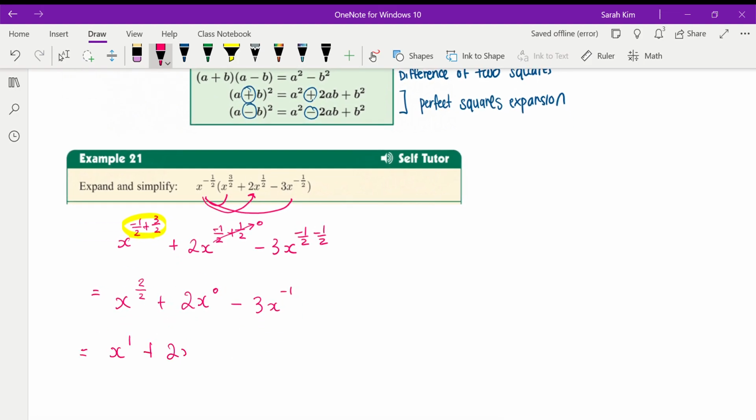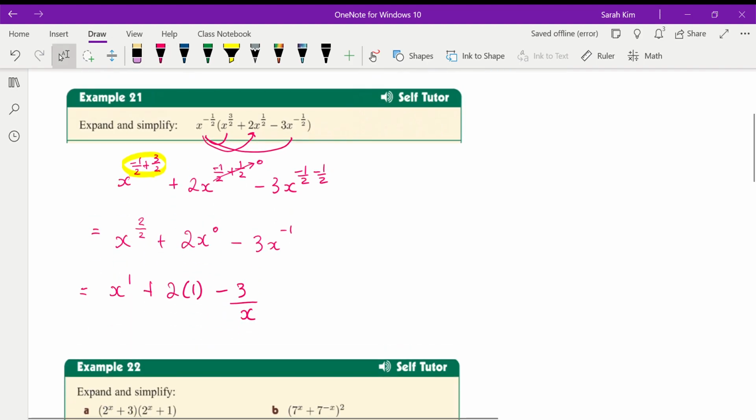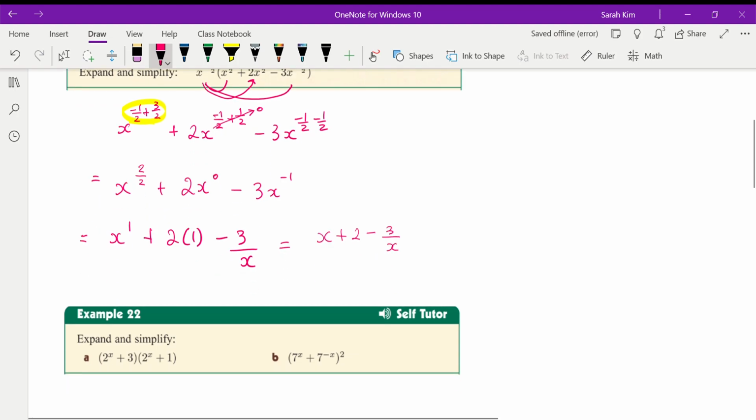This is 2x, x to the power of 0 is just 1. So it's times 1. And then this one is 3x to the power of negative 1, which can be written as negative 3 over x. So if I simplify that a little bit further, it'll look something like this. x plus 2 take 3 over x.